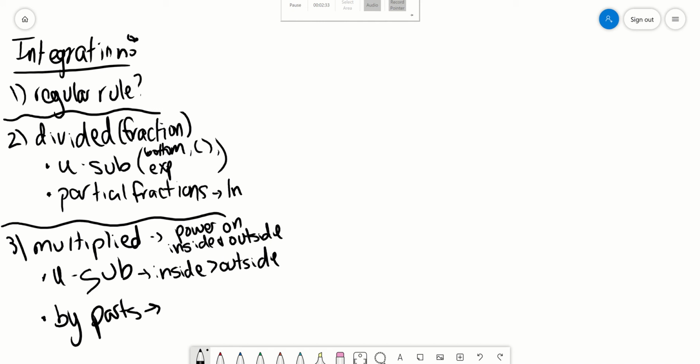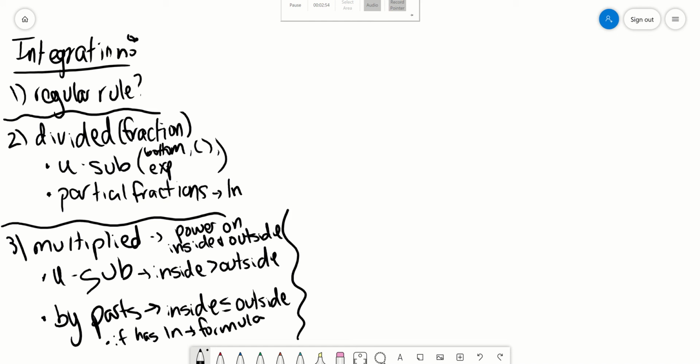For by parts, if the inside is less than or equal to the outside, you're going to use by parts. One note with by parts, remember that if it has ln, you have to use the formula. And the formula was not quite as fun to use, but it was still fine.